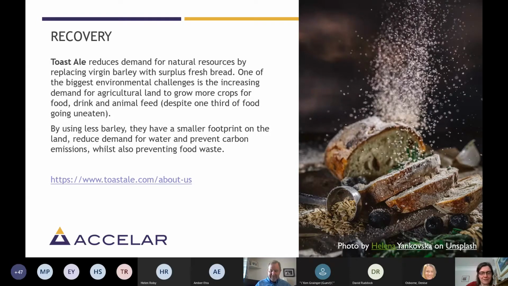So from bakeries who haven't sold out at the end of the day, they're making a beer from that. It's very much part of their story that they're using waste bread to make a product which many of us may be interested in. So, an interesting one to finish on.